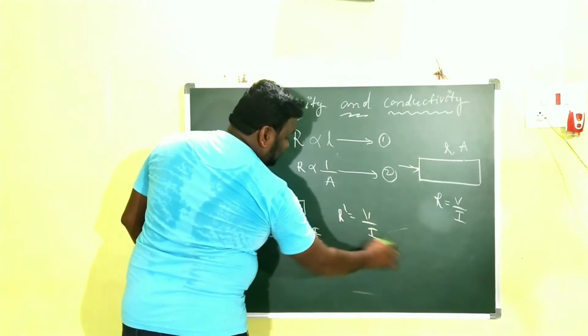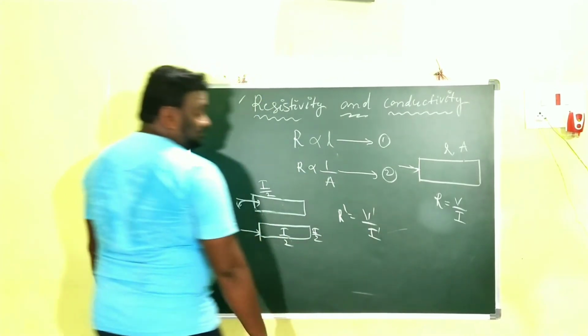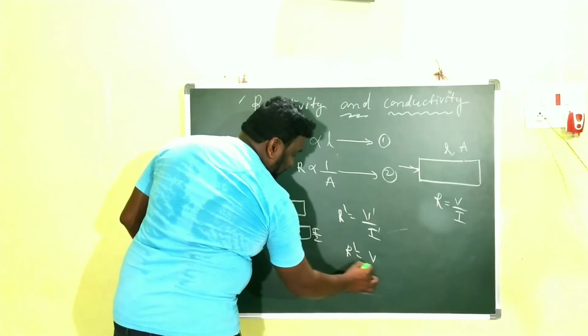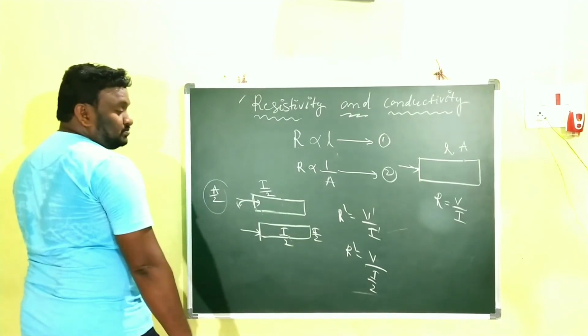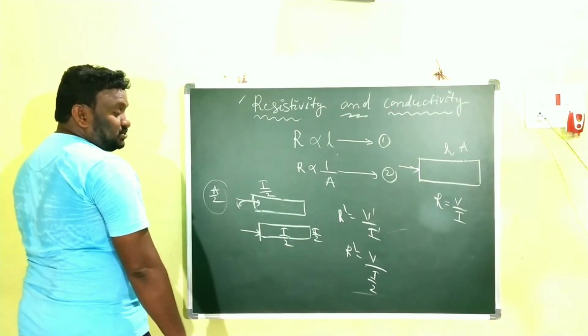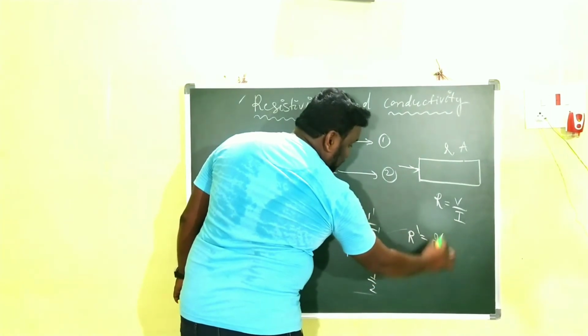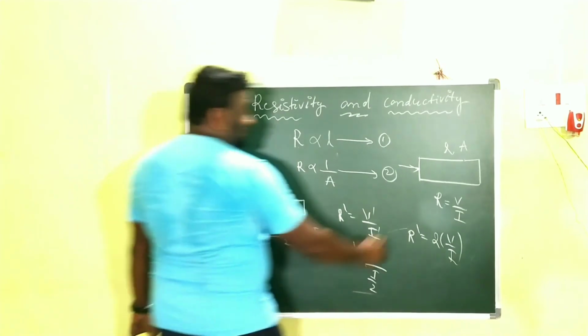R dash is equal to V dash by I dash. Then R dash is equal to V dash means V, and I dash means I by 2. Then R dash is equal to 2 into V by I.